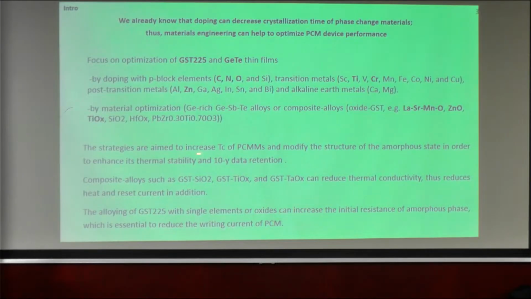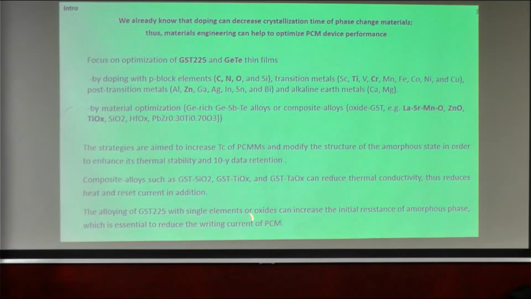In addition, composite alloys like SiO2, titanium oxide or tantalum oxide can also reduce the thermal conductivity of PCM devices, and this will help to reduce the heat dissipation, and so it will improve the reset current.